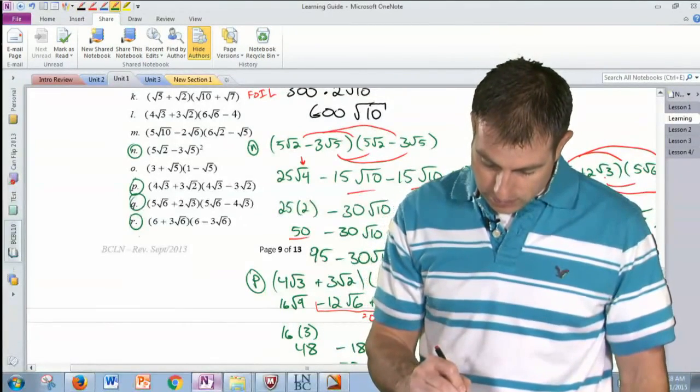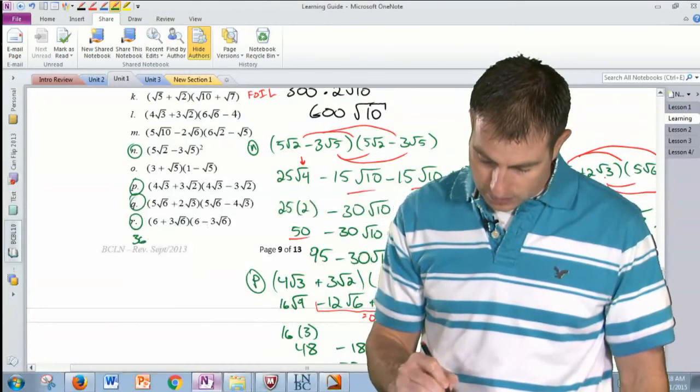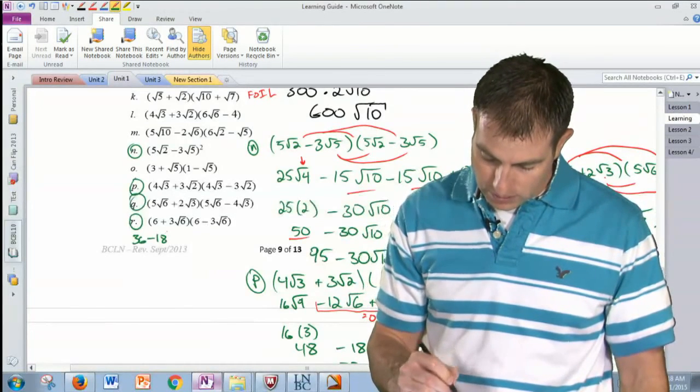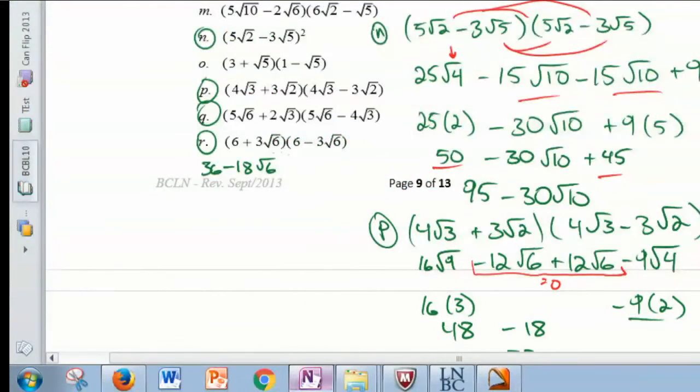6 times 6 is 36. 6 times negative 3 is negative 18 root 6. Inside, 3 times 6 is positive 18 root 6. And then last, negative 9 root 36. Lots of stuff going on here. 36, my negative 18 root 6 plus 18 root 6, which gives me 0.